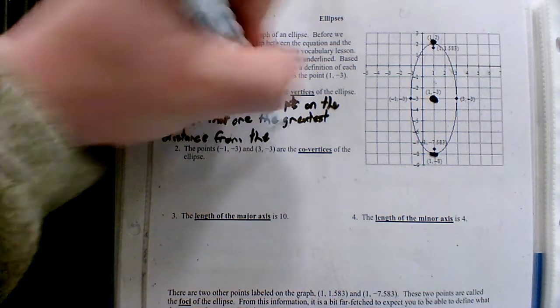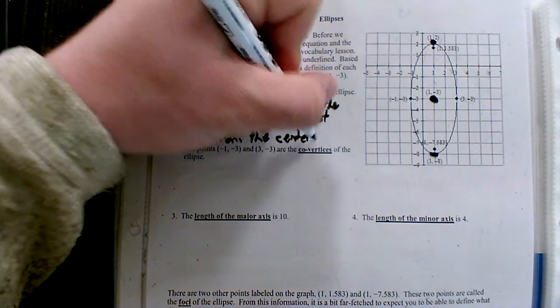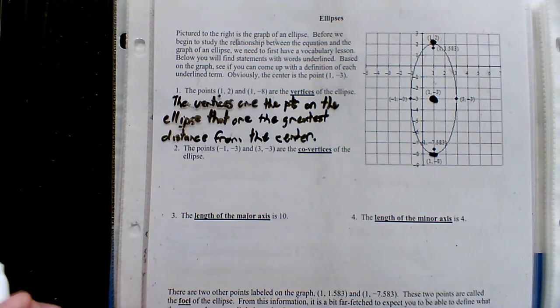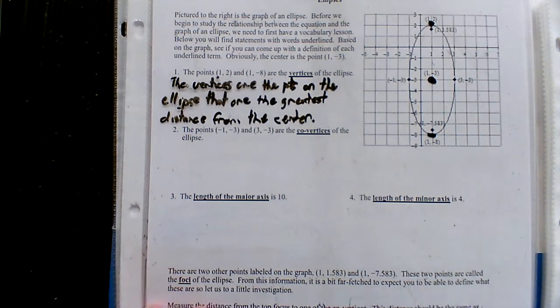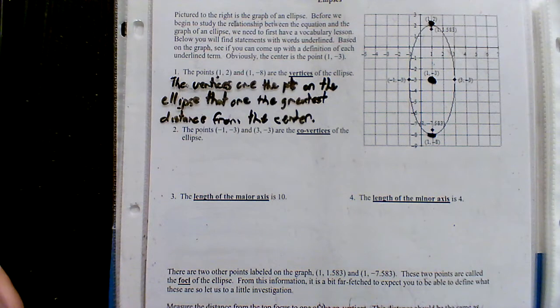Very good. The vertices are the points on the ellipse that are the greatest distance from the center. There's no point on the ellipse that is further away from the center than those two.